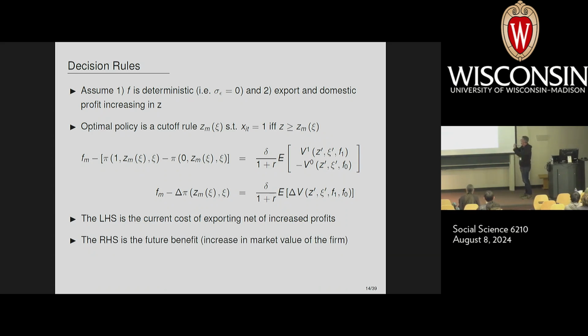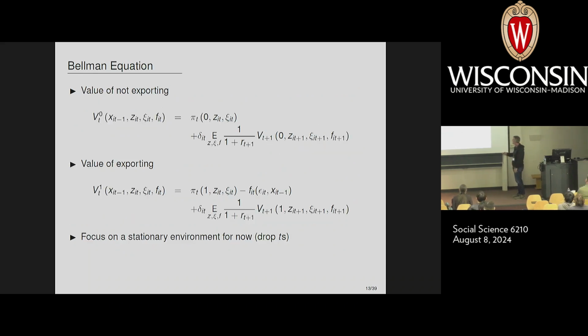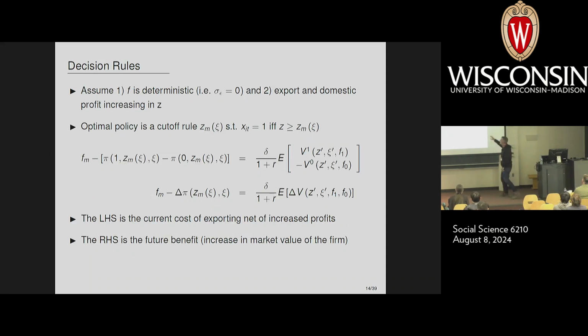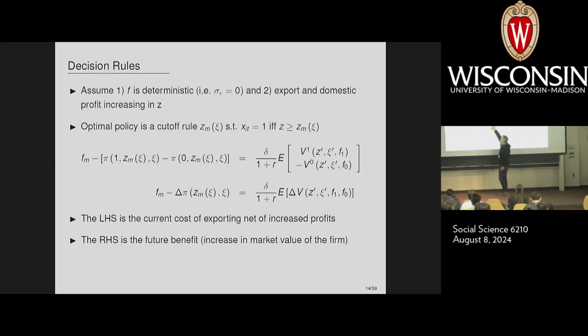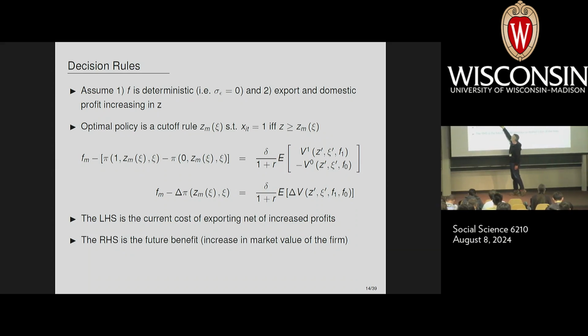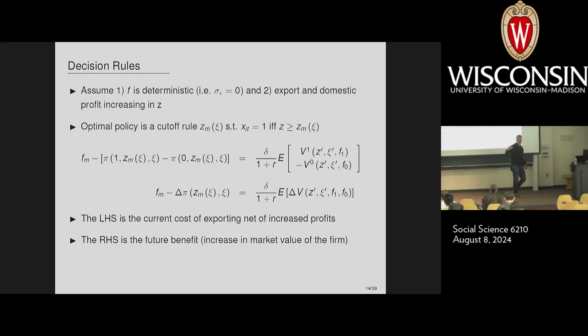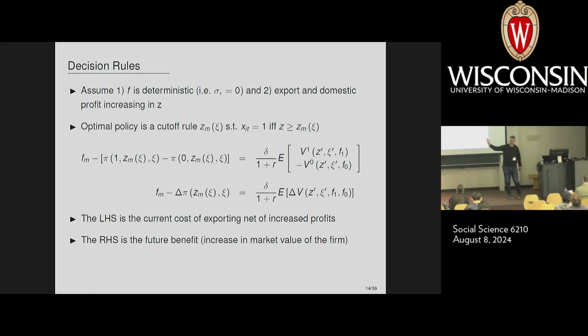And that equality, I just set V0 equal to V1, gives me something that looks like this. So what is this? On the left-hand side is the fixed cost I have to pay today to be an exporter, minus the extra profits I get today from being an exporter. So the left-hand side is what I do today: I pay a cost today, and I get some extra profits today.